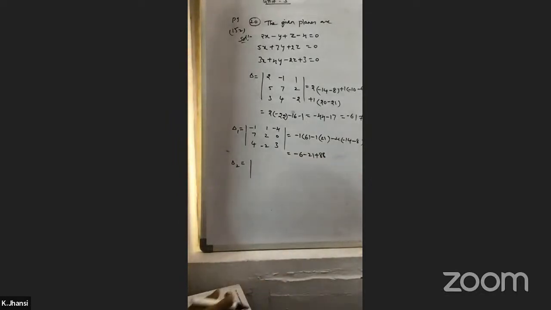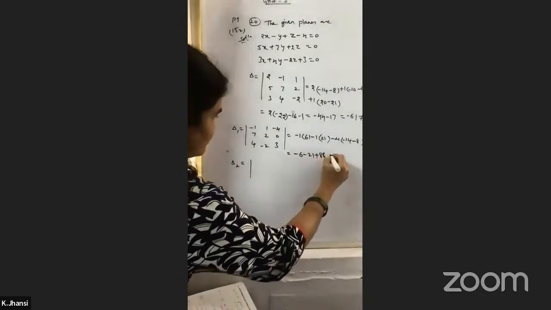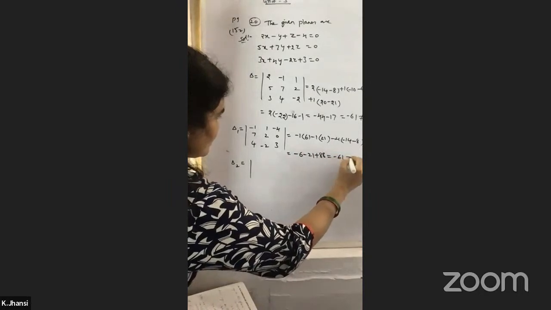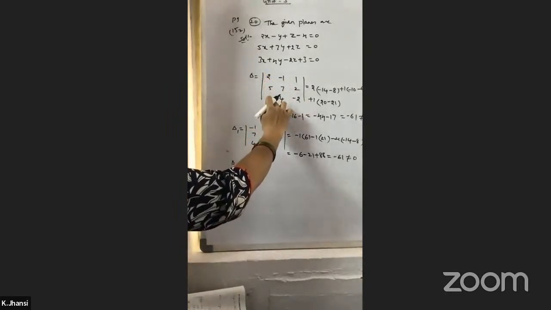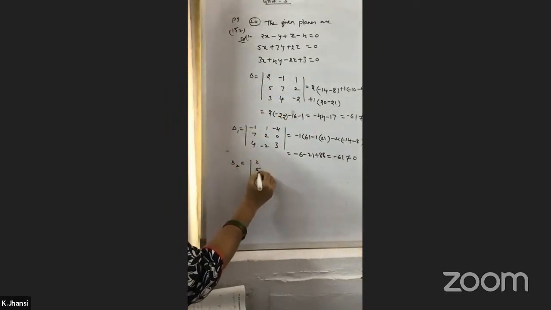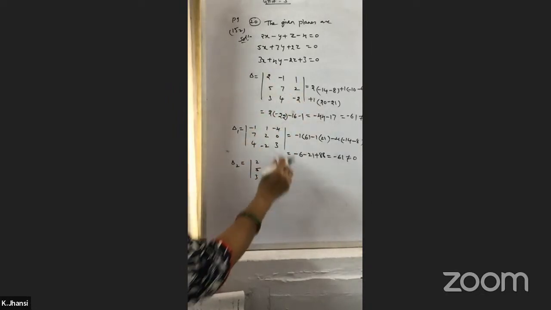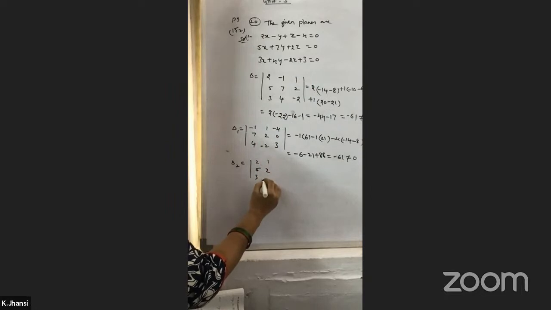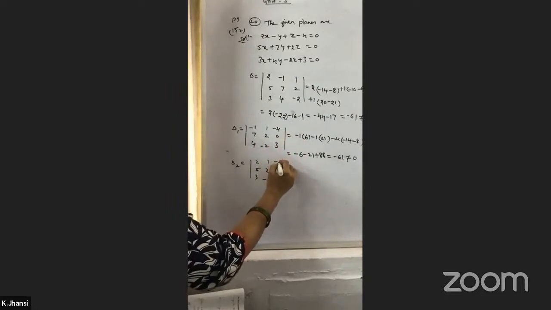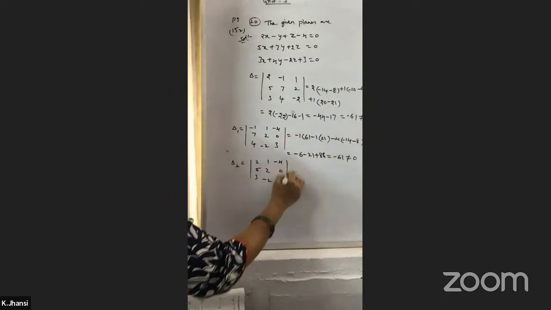So this value is -61 you will get. And this is also not equals to 0. Okay, next one is delta 2, you have to write the first column and second column you have to eliminate. Instead of second column, you have to write this third one. That is 1, 2, -2, and last you write same 4, 0, 3.